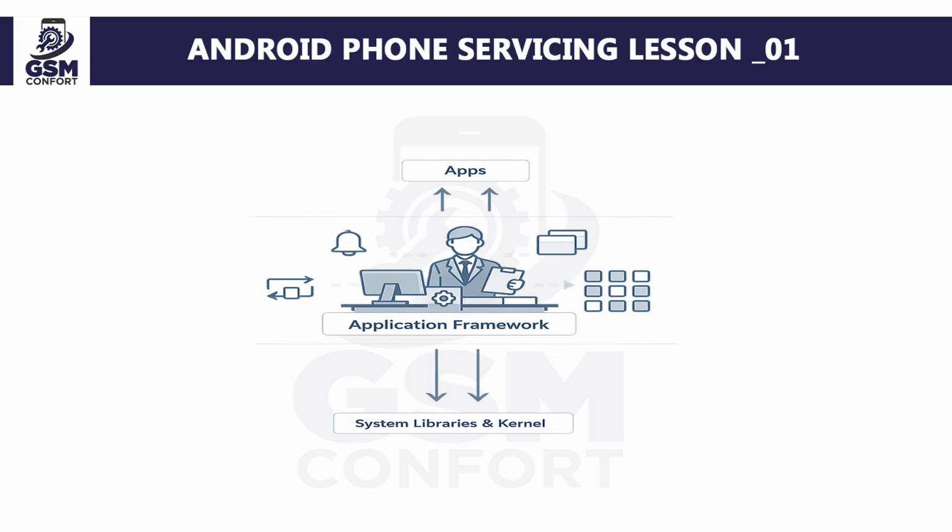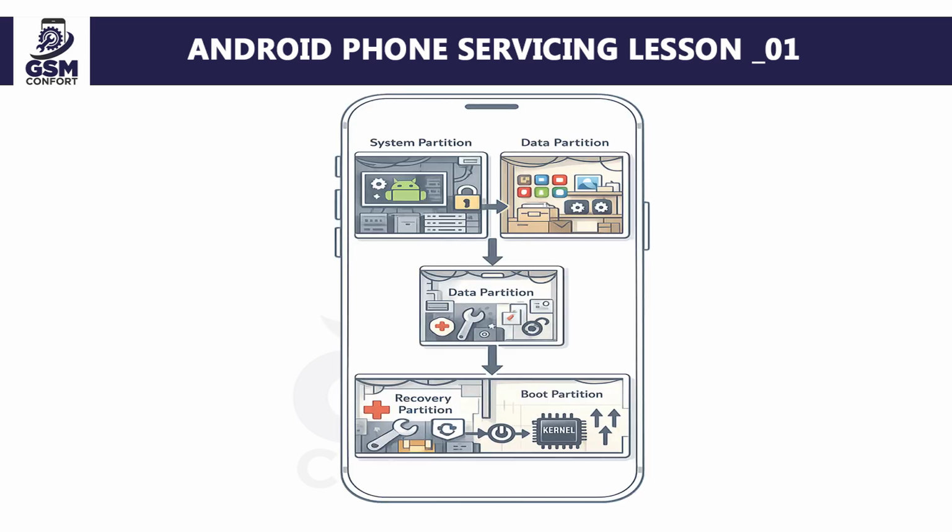ART processes these files and runs the apps. Sometimes, after an Android update, phones feel slow. This happens because ART is optimizing applications again. During this time, the system is recompiling apps to make them run faster later.